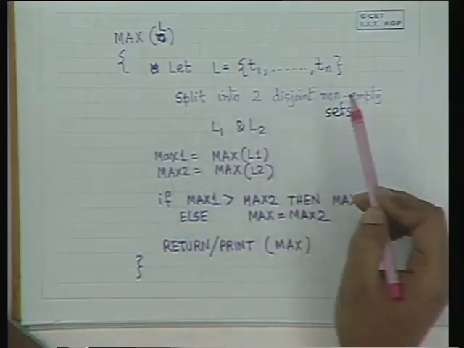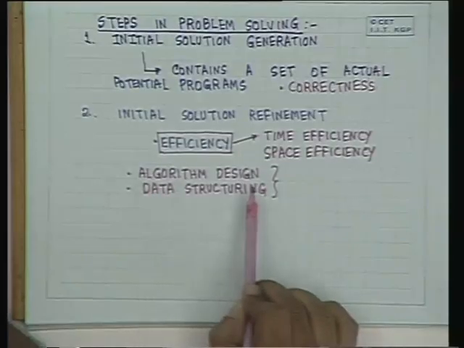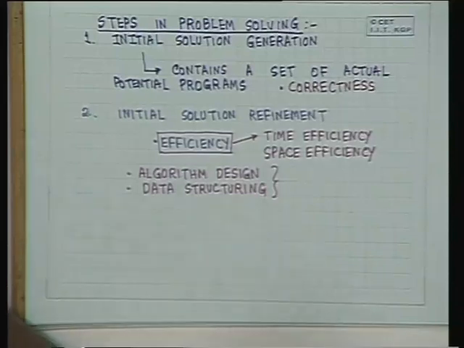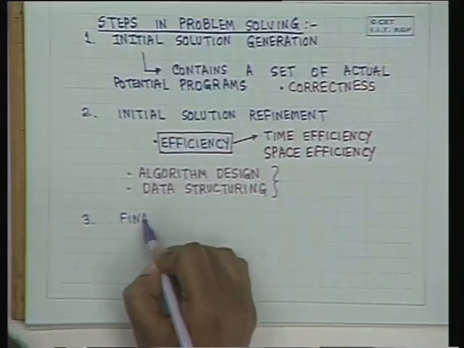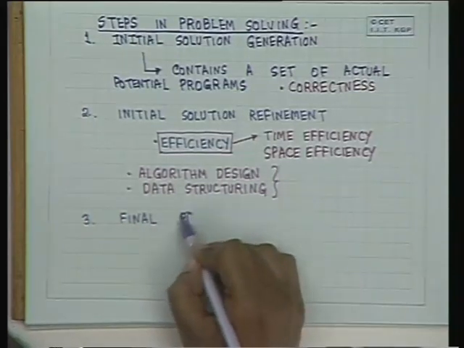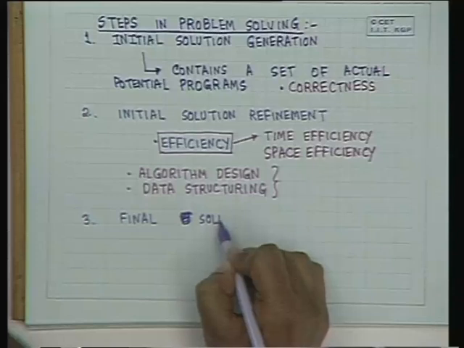Will we not keep anything? Will we just read it as and when required? So data structuring goes hand in hand with algorithm design to give you the final solution.